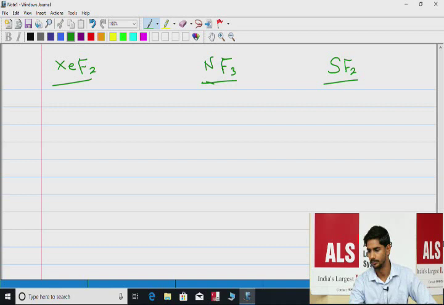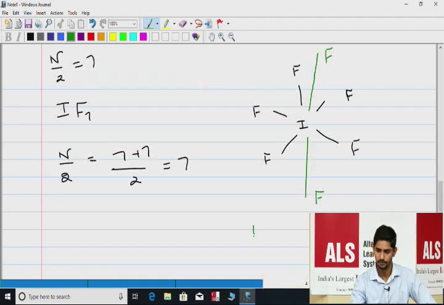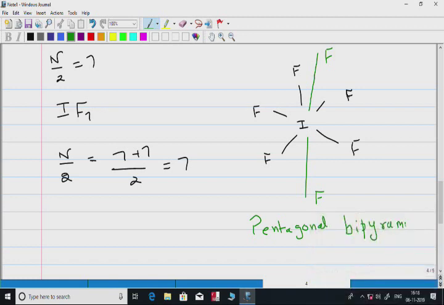Pentagonal bipyramidal. Look at the table. This is your pentagonal bipyramidal.